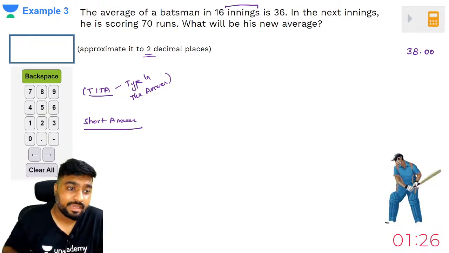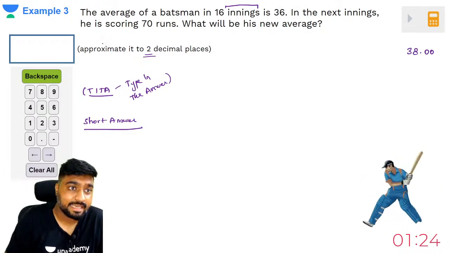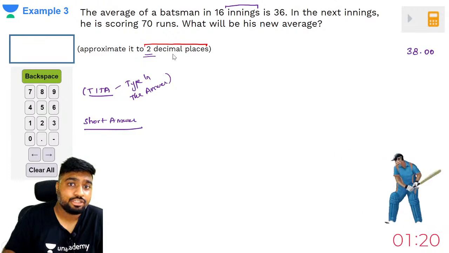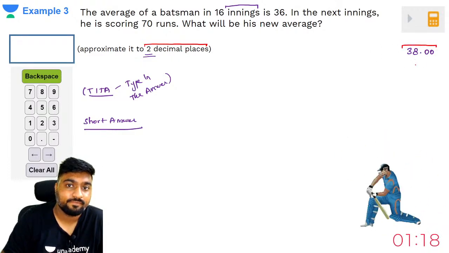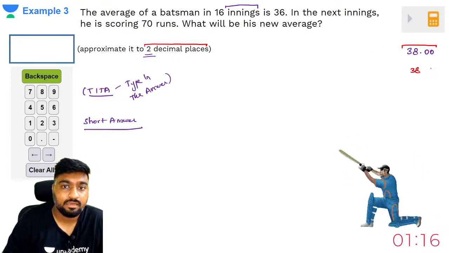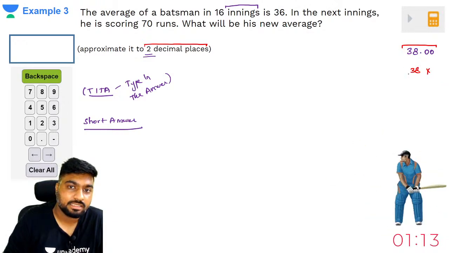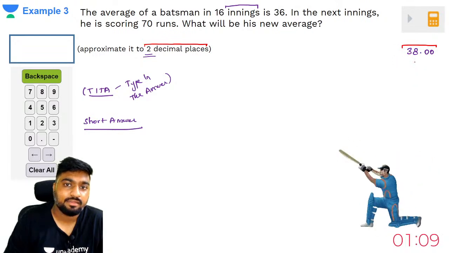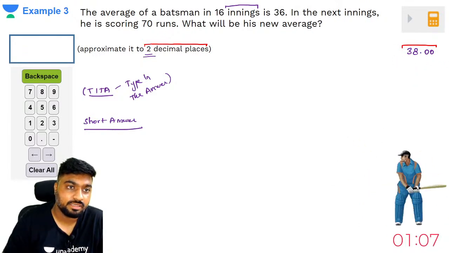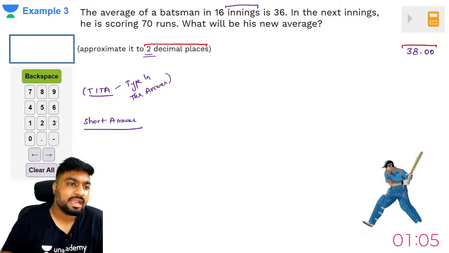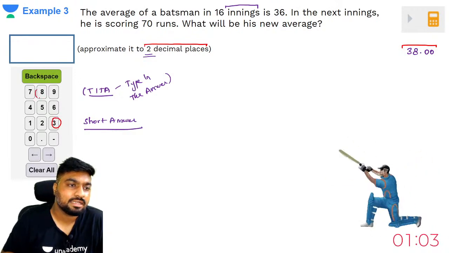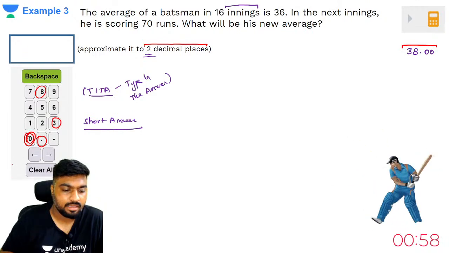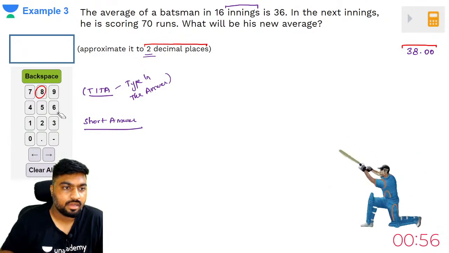Guys, please keep in mind that if your question says approximated to 2 decimal places, then please ensure that you write it like this. 38 will end up being a wrong answer. I hope you understand this, okay? Don't write 38, write 38.00 if they give you this. If they don't, then you can enter the integral value 38, khatam. Otherwise 38.00. Okay? Beautiful. All right.